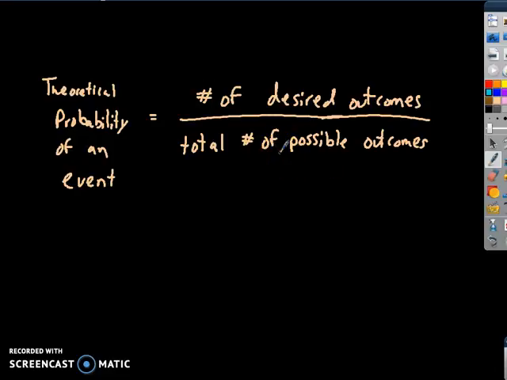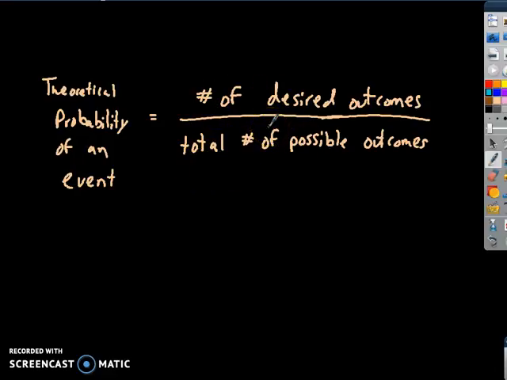Whenever you're confused and the question gets really confusing, go back to this. It always boils down to the number that you desire over the total number of possible outcomes that could have happened. Some questions might get harder, but it always boils back down to this formula.